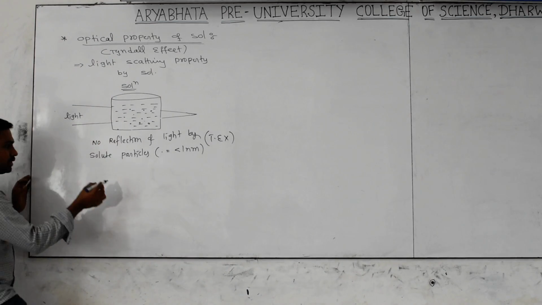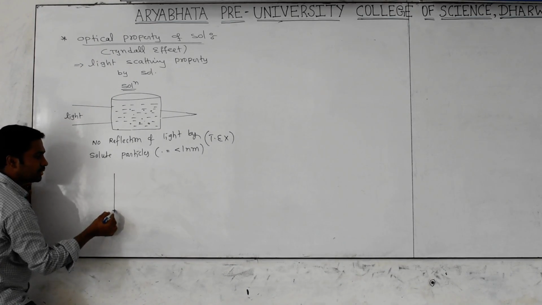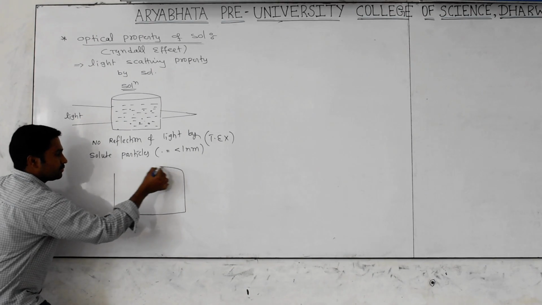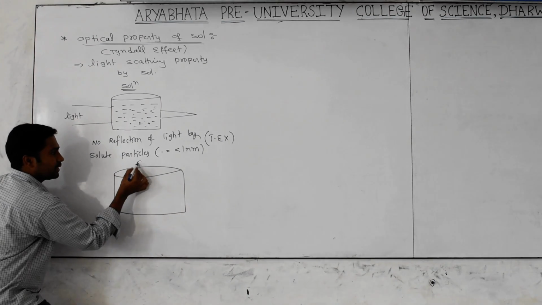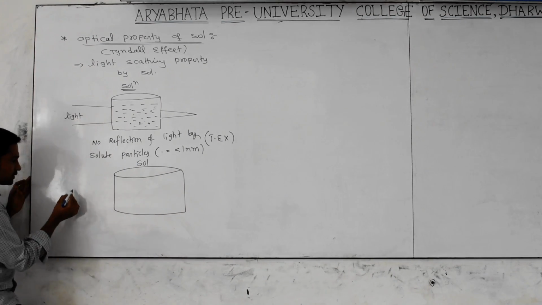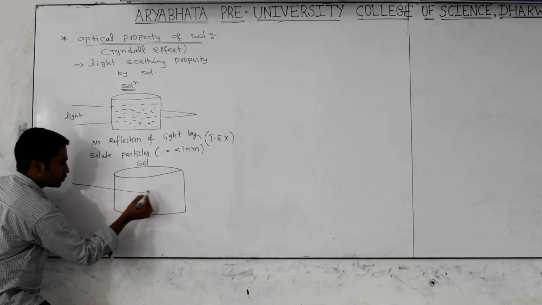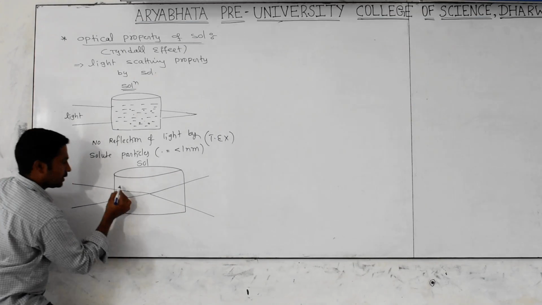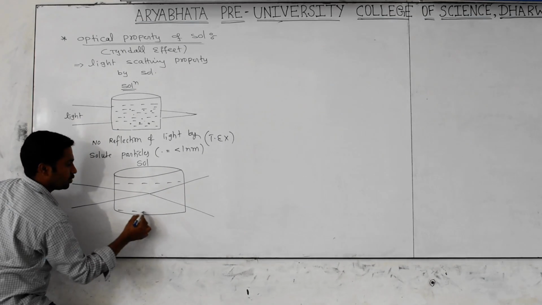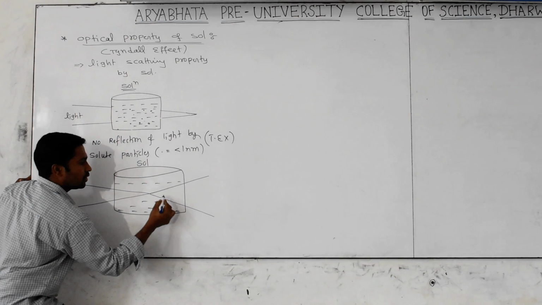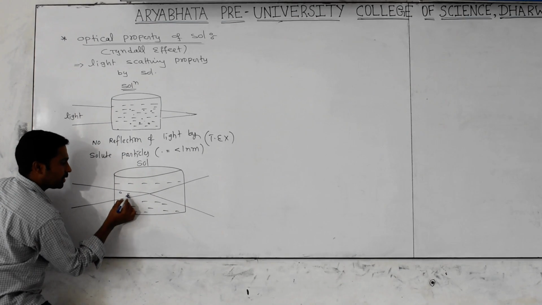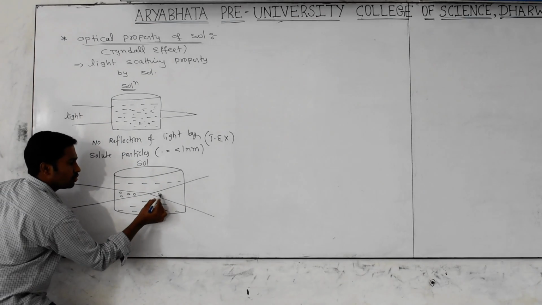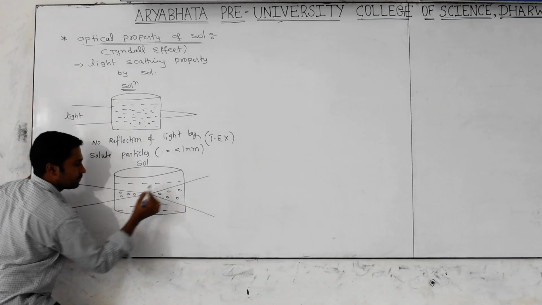But now, instead of a solution, I am taking a sol. You observe very carefully. I am doing the same thing here. Inside the sol there will be both colloidal particles and the dispersion medium.